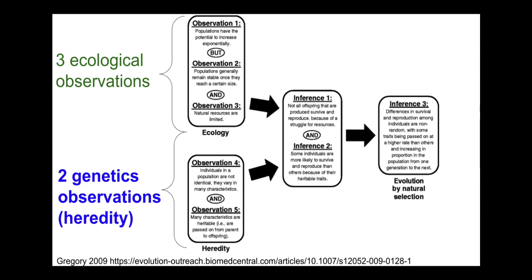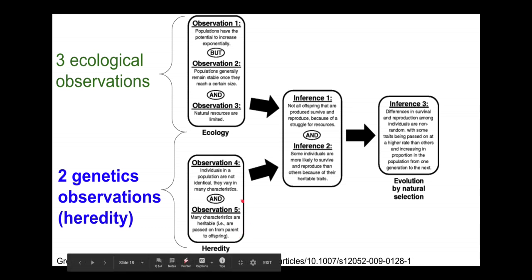There's variation among individuals. Individuals within a population are not all identical. The squirrels and the birds in my yard, I can look at them and I can see that some are healthier than others, some are bigger than others, some appear to be faster, some look like they're smarter. I can see the squirrels solving problems and getting into my bird feeders. So some are better at solving those problems, some aren't.